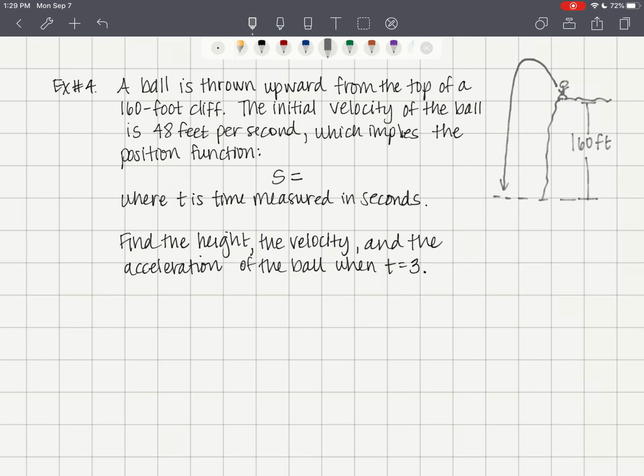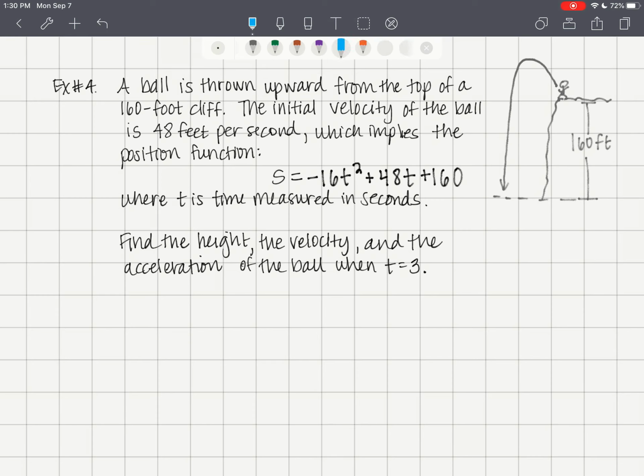The position function s is equal to, I'm going to let you write it down, so get a little bit ahead of me, stop your beautiful drawing and write that position function down: negative 16t squared plus 48t plus 160. T is measured in seconds. Find the height, the velocity, and the acceleration of the ball when t equals 3.